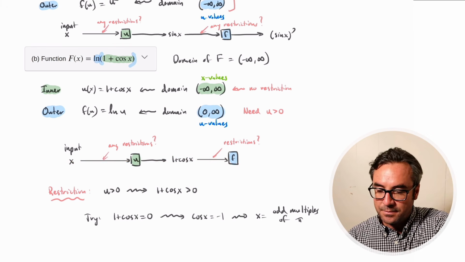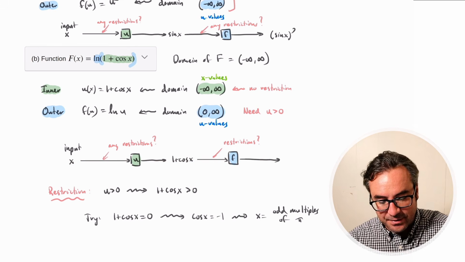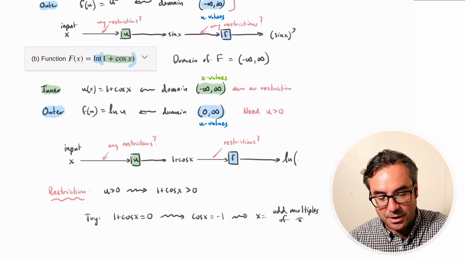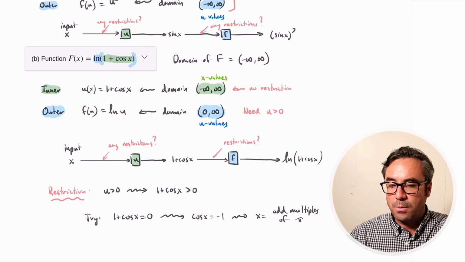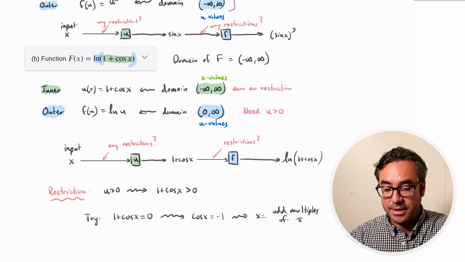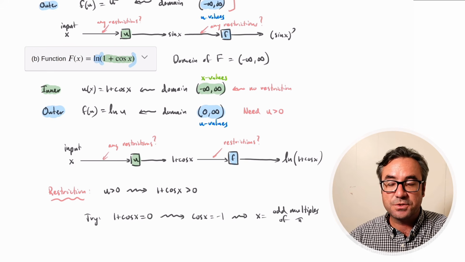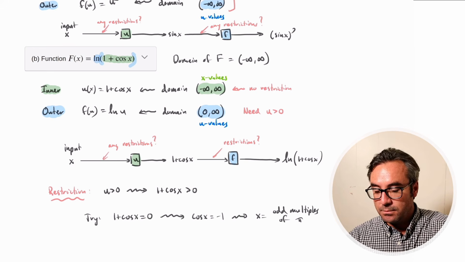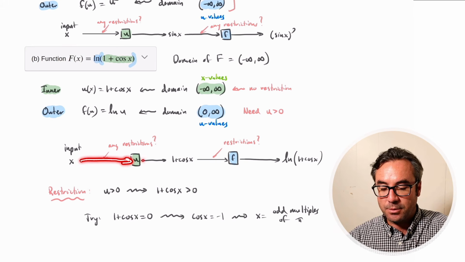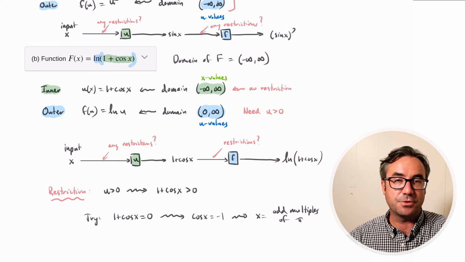Oh, and let's just finish our assembly line there. We end up with natural log then of 1 plus cosine x. So if you plug in, say, x equals 2, it's going to make it through here, no problem. It's going to make it through here, no problem, and then you'll get your thing.